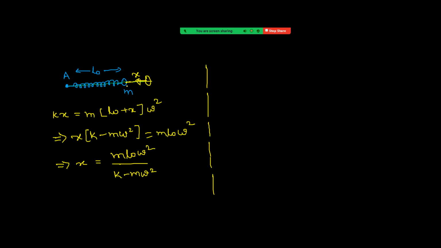Here, if you observe carefully, initially for the sleeve, no kinetic energy, and for spring, no elongation. Now, spring is having elongation. That means it is having elastic potential energy, means spring potential energy.